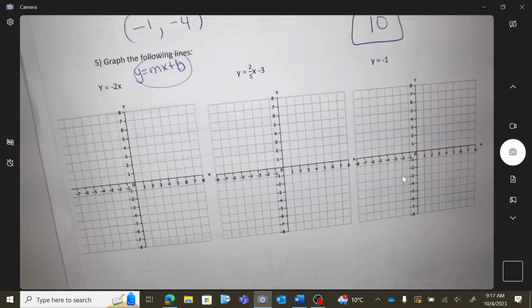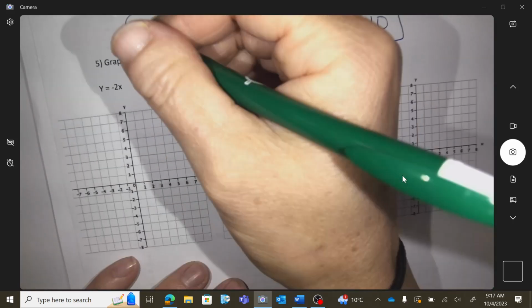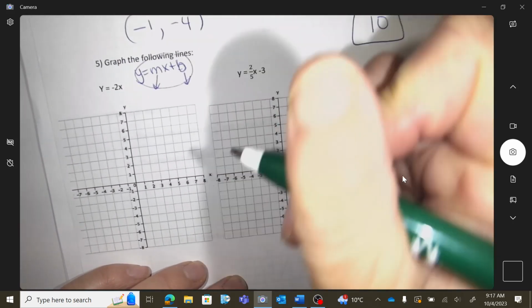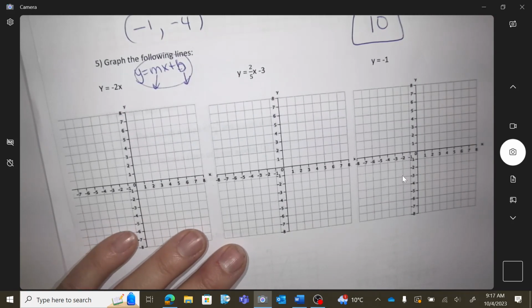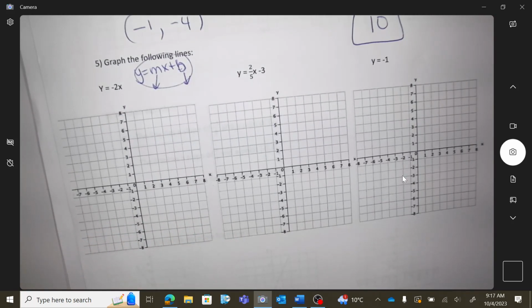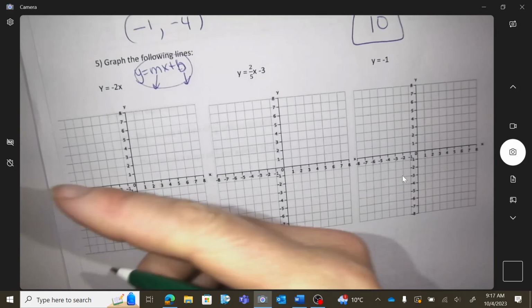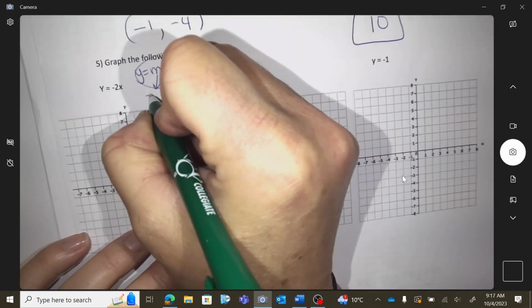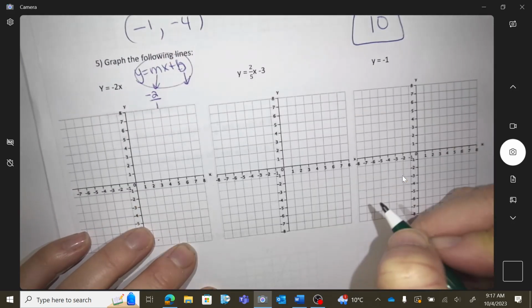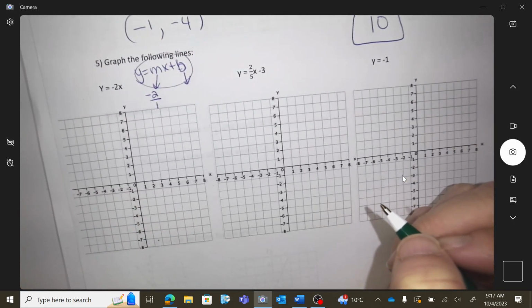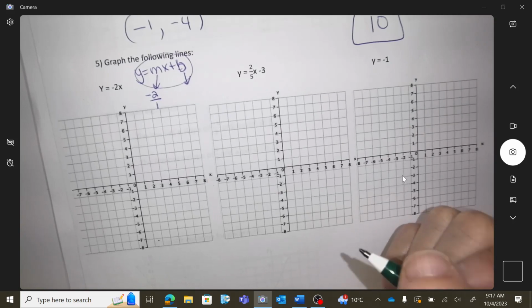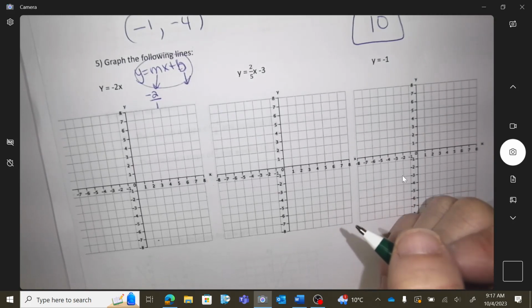So what is the slope? What is the y-intercept? Those are your 2 questions. That's what you always got to think about. So the slope, can you write it as a fraction? I'm going to put it as down 2, right 1.